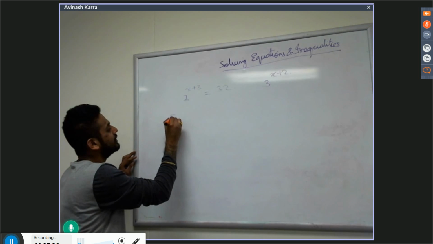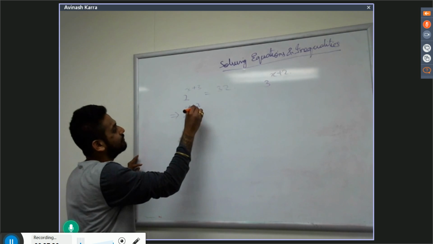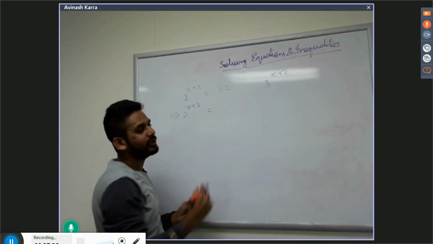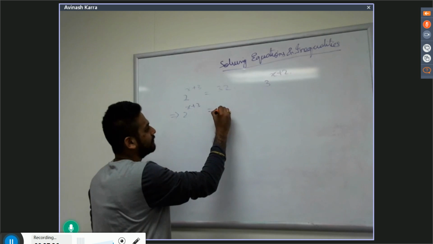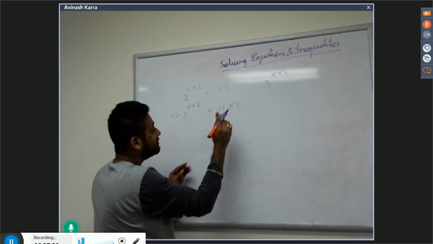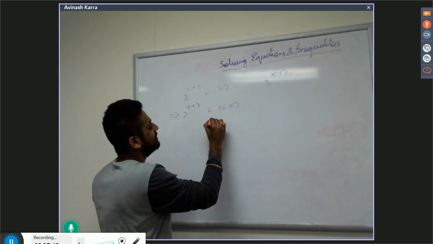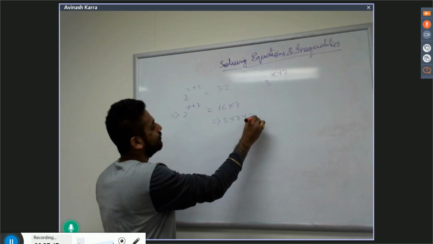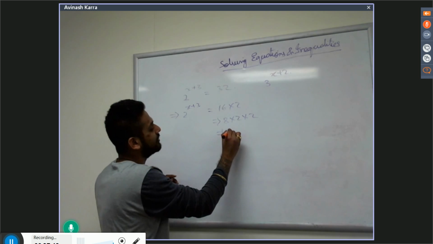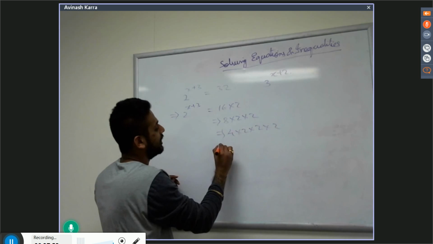So first, let me convert this into 2 power x plus 3 is equal to, how can 32 be written? 16 into 2, right? I'm just simplifying in a slow manner, but you should be quick. And 16 into 2 can be written as 8 into 2 into 2. And 8 can be written as 4 into 2 into 2 into 2.